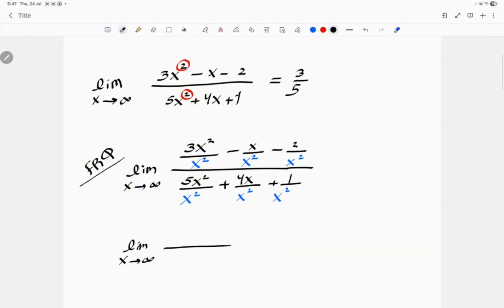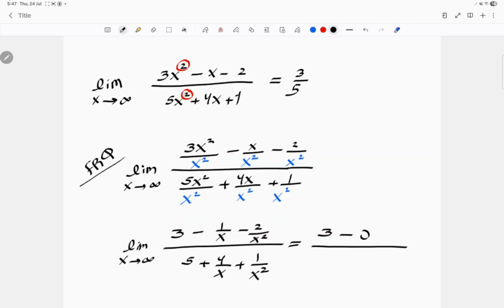Limit x approaching infinity. 3x squared over x squared is just a 3. Minus x over x squared, 1 over x. 2 over x squared. 5 plus 4 over x. 1 over x squared. Now, whenever we divide a number by infinity, the answer becomes 0. That means we'll have 3 minus 0 minus 0 over 5 plus 0 plus 0. So 3 over 5 is going to be our answer. Good.